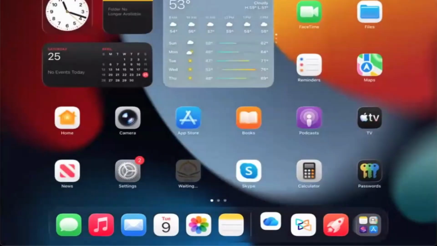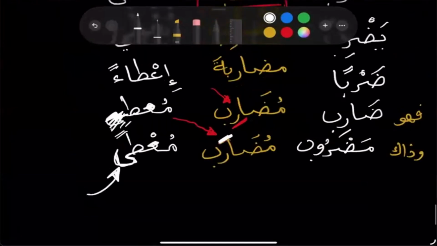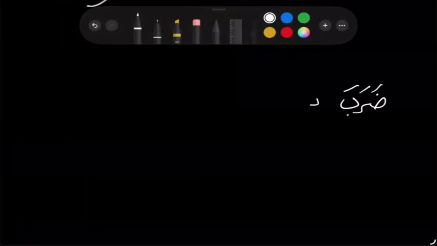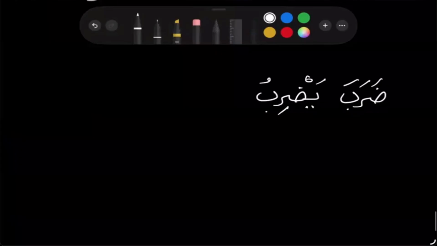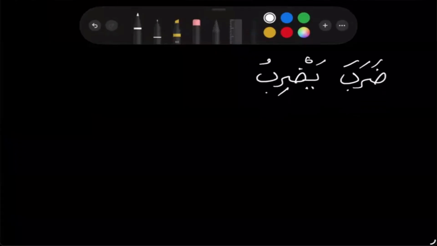Why that's ending in an alif? For the same reason. Yani, here's our standard example. Daraba, past tense. Yadribu is the present or future tense. But if we configure it so that the doer is unnamed, then for the past tense, we'd say duriba. He was struck. Who struck him? It's not named here.